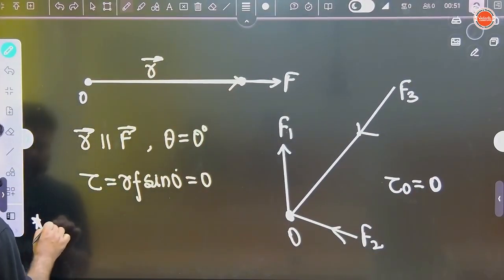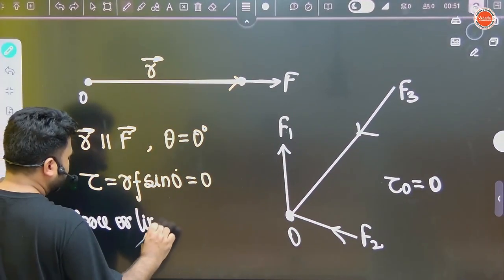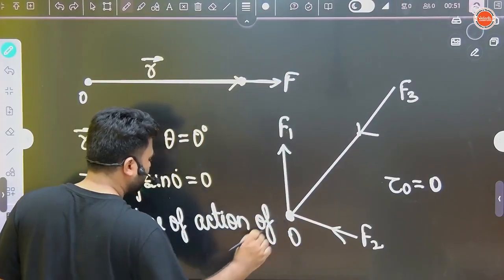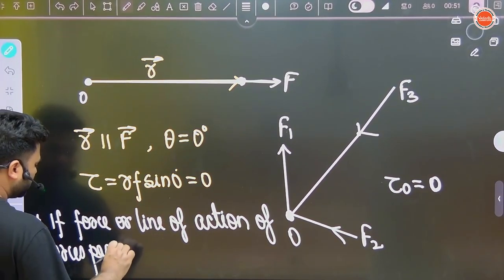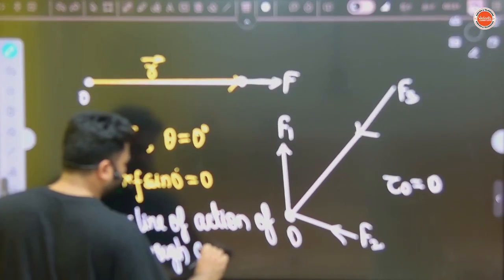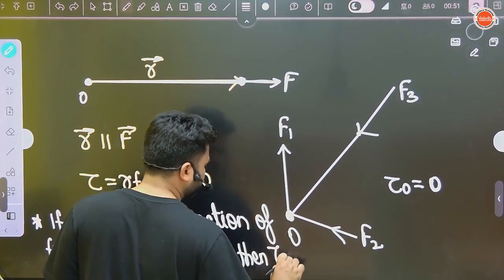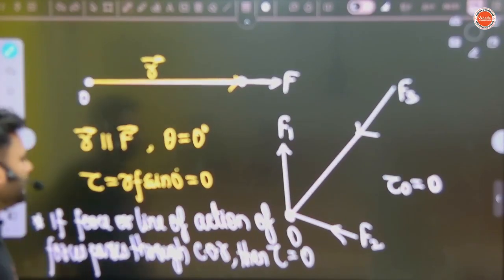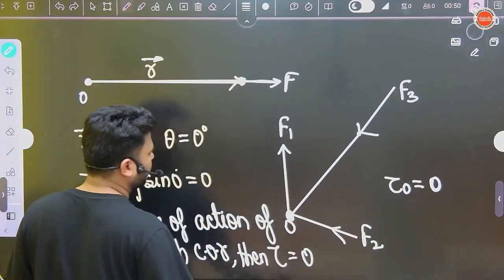Means if force or line of action of force passes through center of rotation, then torque due to those forces will be 0. Correct? So always remember.